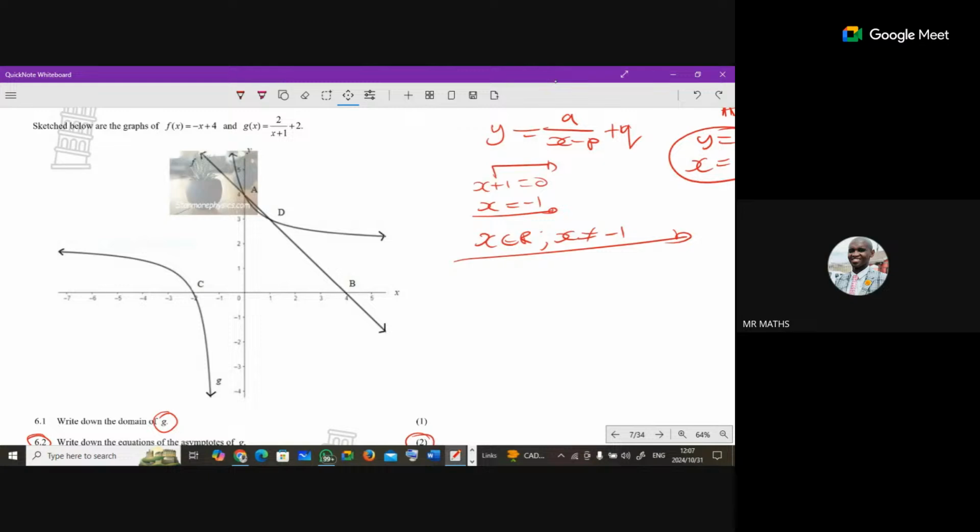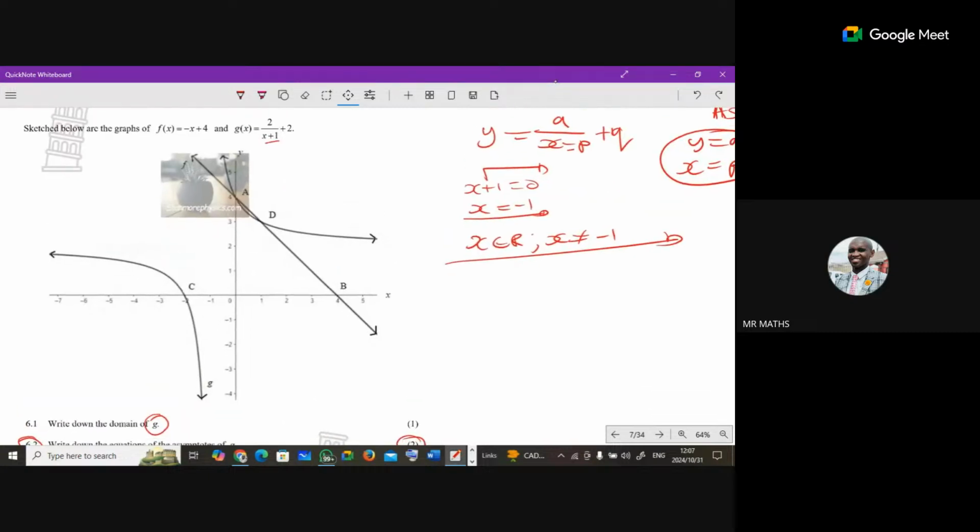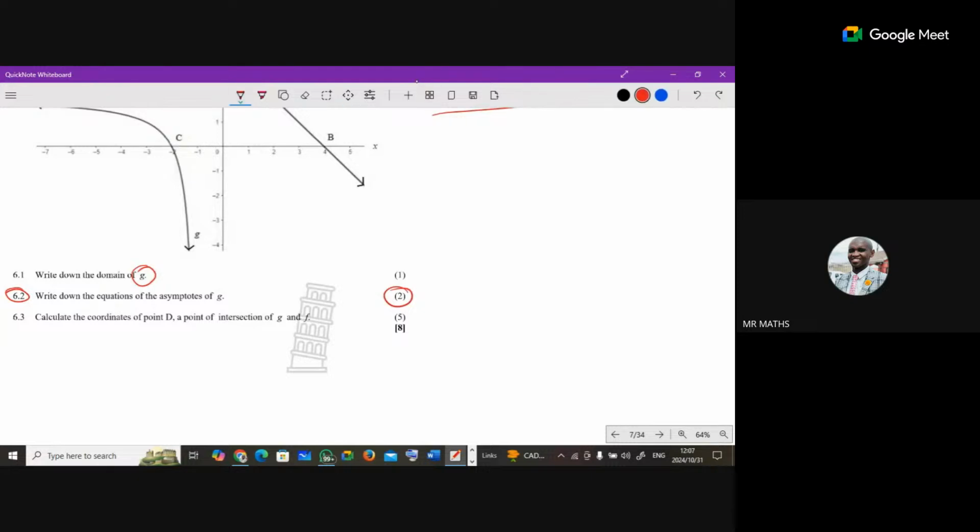The value of p here is -1, because according to the formula it is supposed to be negative, and the sign in our answer changed from the original: negative times negative gives positive. So now we know p is -1 and q is 2. So our equations of the asymptotes will be y equals 2 and x equals -1. We are done there, that is 2 marks.